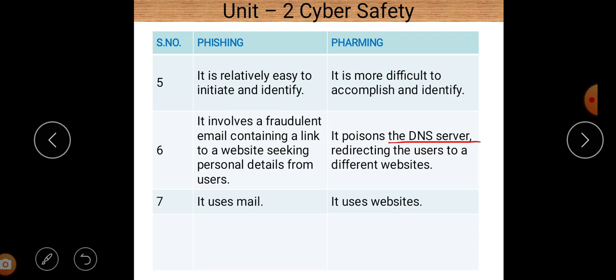Next are salami attack, denial of service attack, and virus attack. In this lecture our focus is to define the difference between phishing and pharming. In our next lecture we will discuss phishing and pharming in detail, and some other types of cyber crimes also.